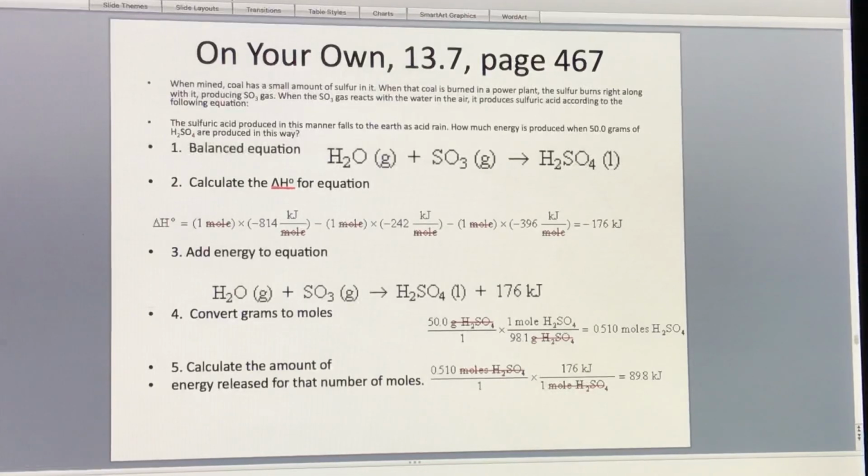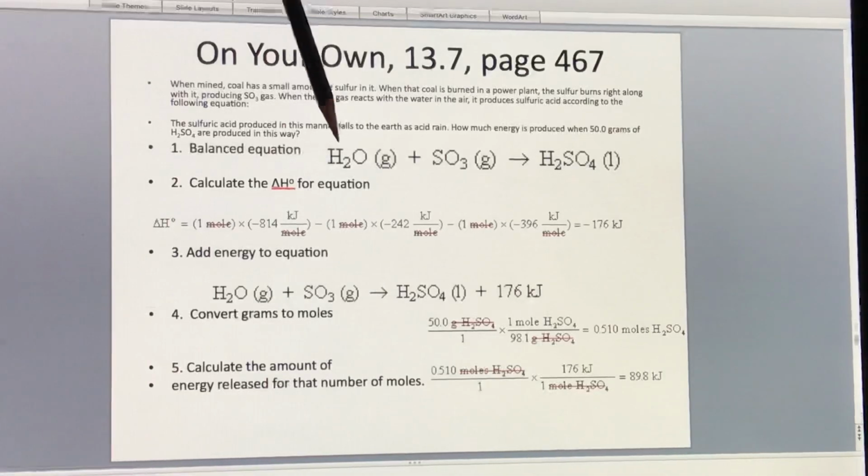When that coal is burned in a power plant, the sulfur burns right along with it, producing SO3 gas. When the SO3 gas, that sulfur trioxide, reacts with the water in the air, it produces sulfuric acid according to the following equation. The sulfuric acid produced in this manner falls to the earth as acid rain. How much energy is produced when 50 grams of H2SO4, that's sulfuric acid, are produced in this way?